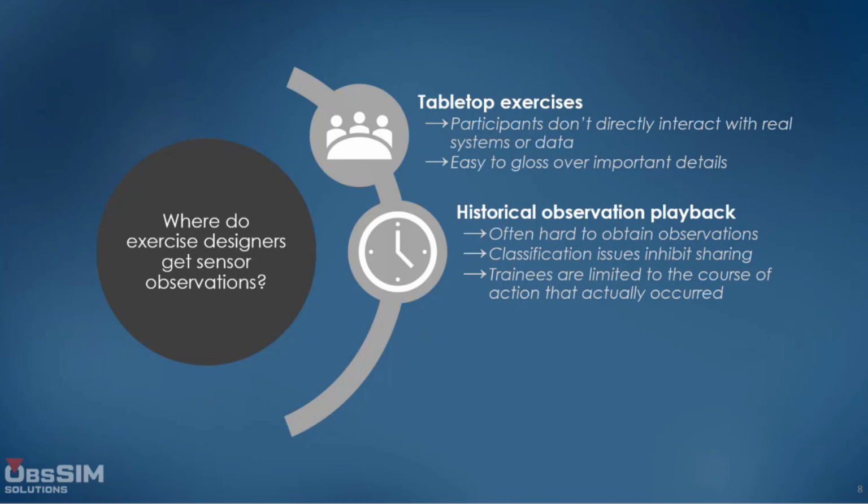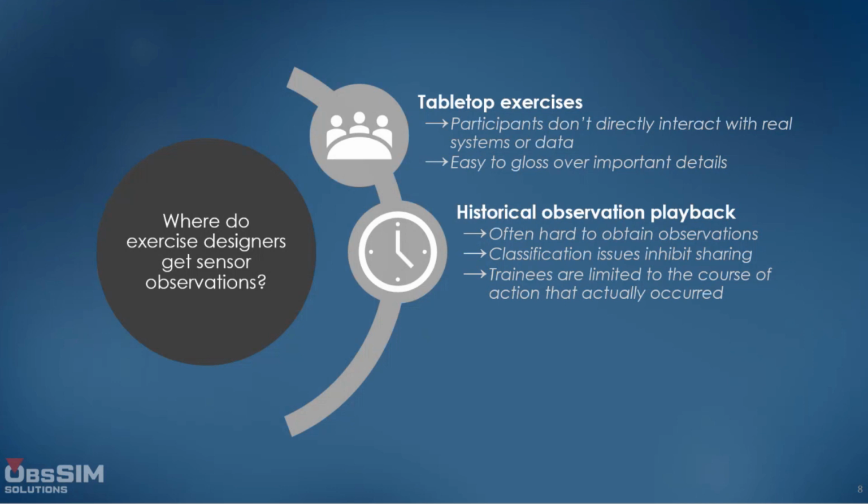So data sets with the highest training value often are classified and so unable to be shared, for example, with other participants from allied nations or other groups that you would normally interact with. If there are security barriers there, that data often can't be shared.